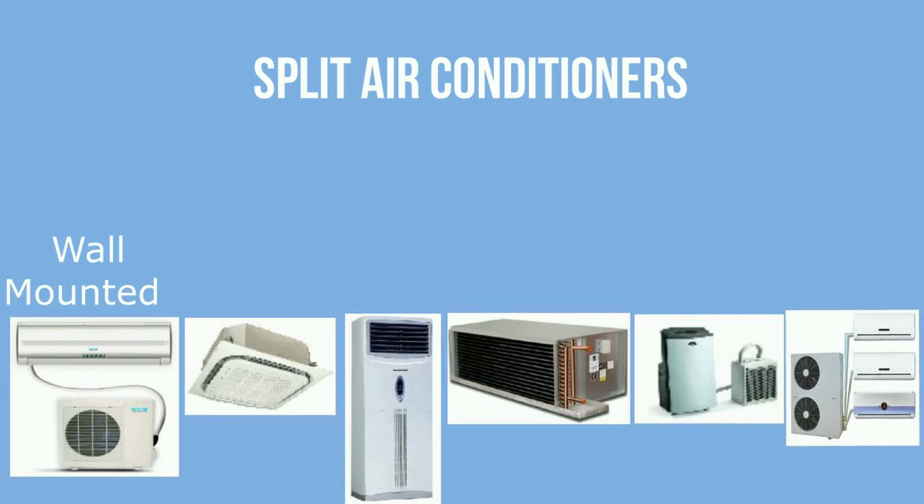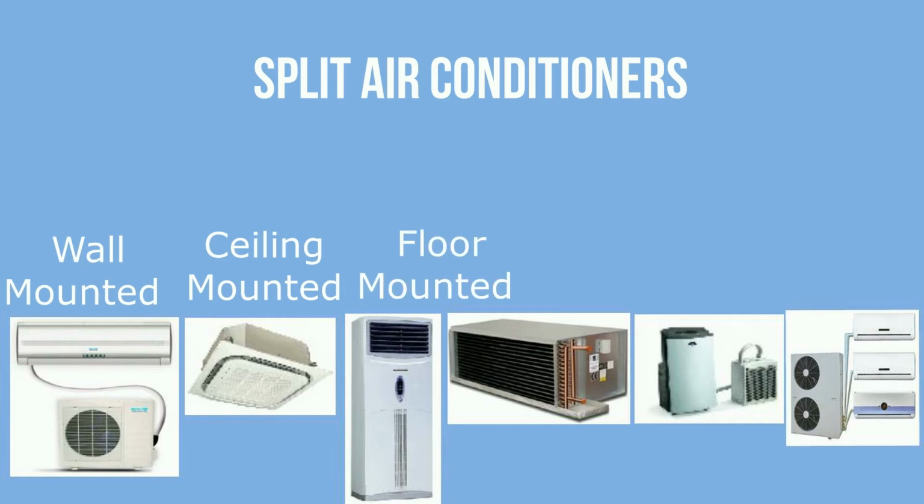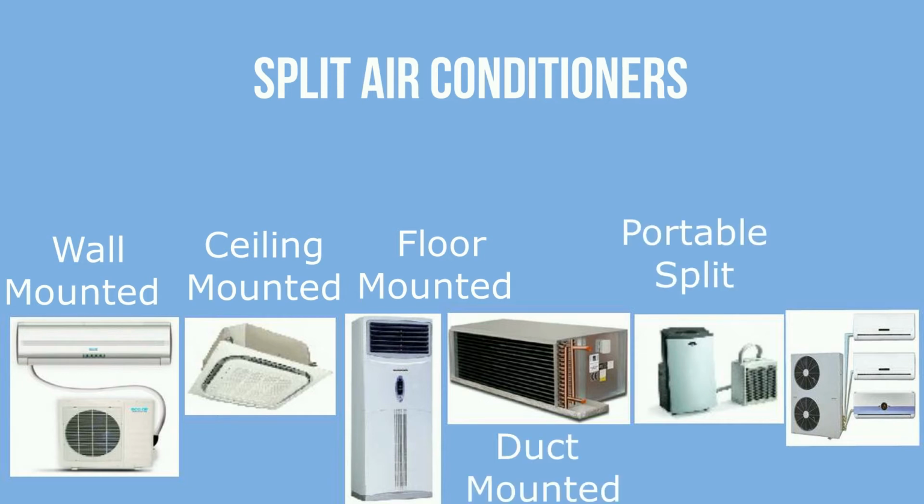Okay, so our next AC system is the split AC. The first type is the wall mounted. There is also the cassette or the ceiling mount. There's the floor mounted, and there's the duct mounted, which is usually above the ceiling, and there's the portable AC and the multi-split type.